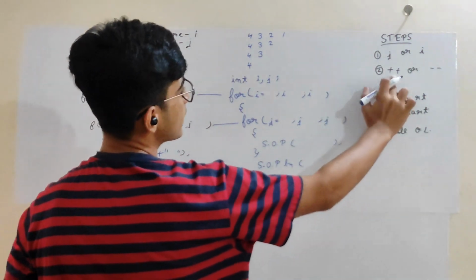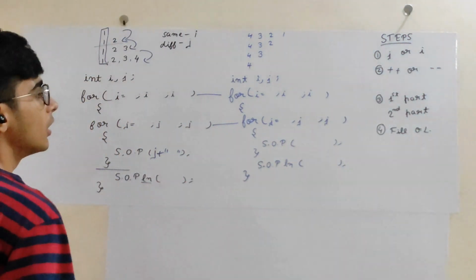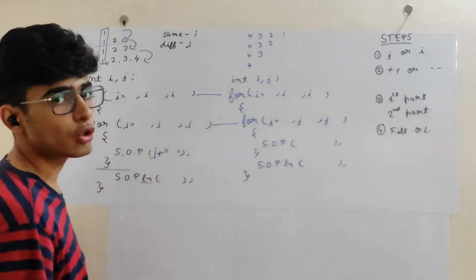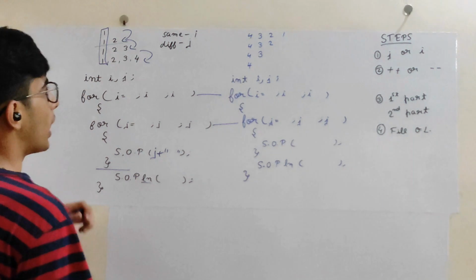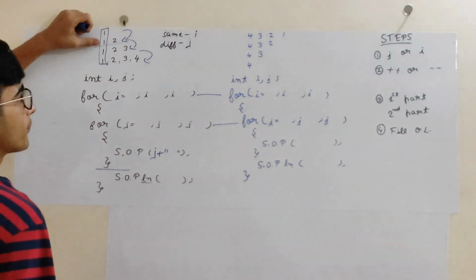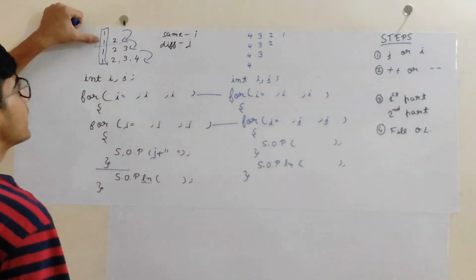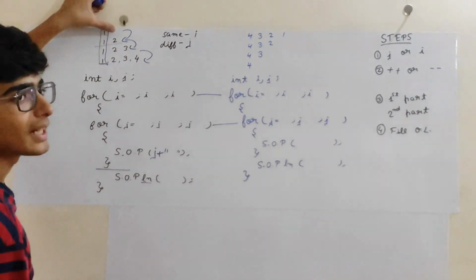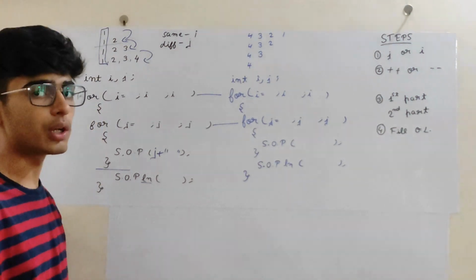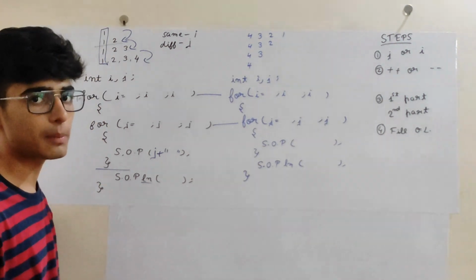The second step is increment or decrement. How to decide whether to use increment or decrement? You have to see the selected row. In the selected row, the number is going from 1 to 2. That means increment. You guys know what increment is, right? Increment means plus 1.